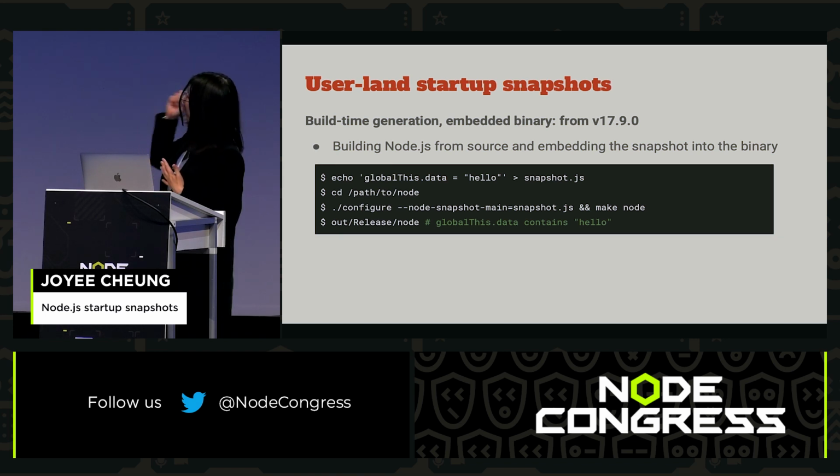For example, we have a file here that contains something like globalThis.data, and I put some string there. You can put many other complicated things, but this is just an example. Then you go to the Node source directory and build it with that configure option, and the final executable produced by the compilation process will contain a binary that already has the snapshot containing the thing that you put on globalThis.